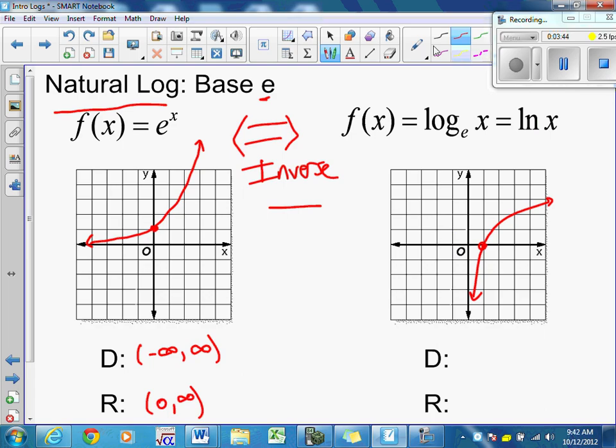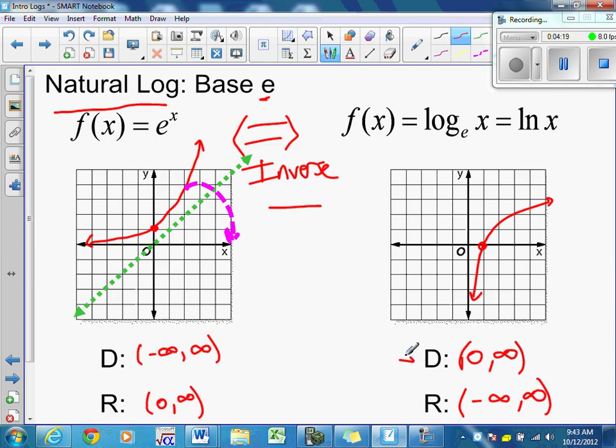And you can see, if I would just take this green dashed line and flip it over that line to the other side, I would get natural log. They're inverses. So you can see over here, my domain for natural log is 0 to infinity, and my range is all real numbers.